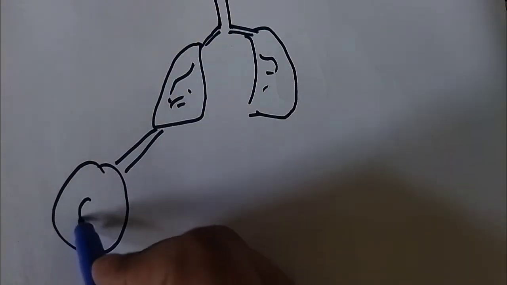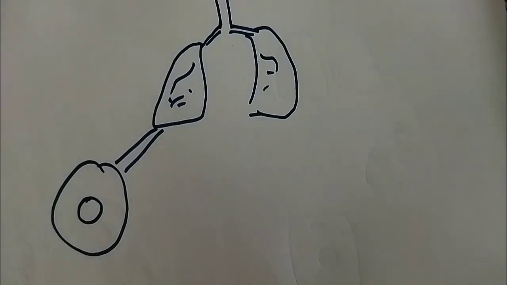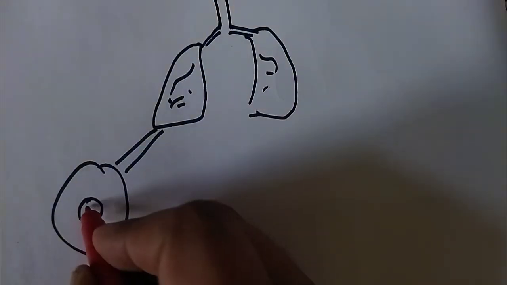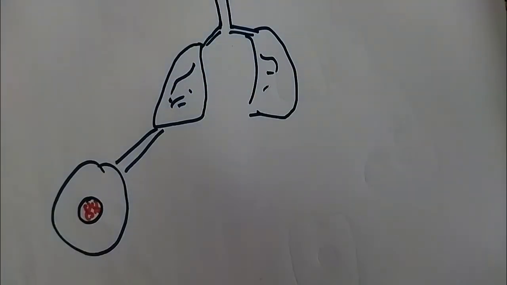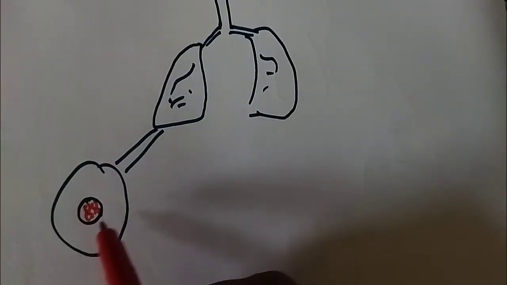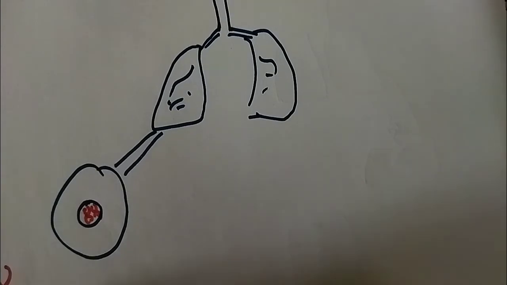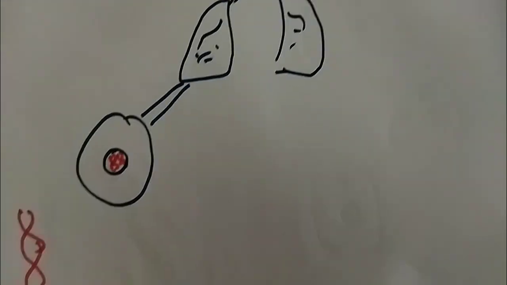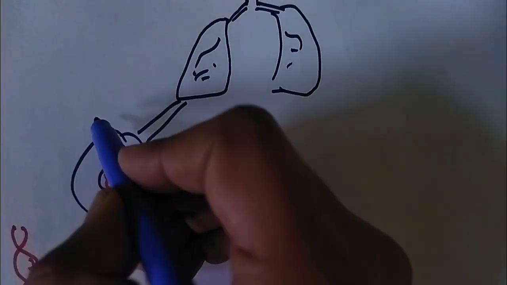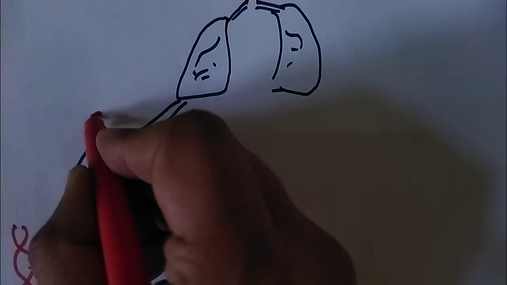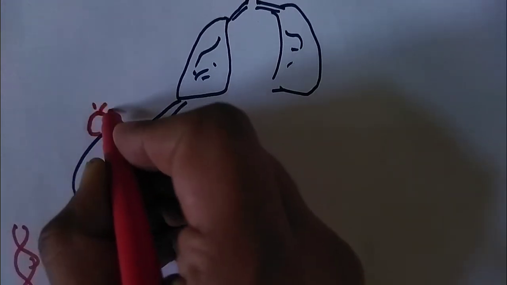cell, this is the nucleus of animals, or since I'm talking about corona, I'll say the human nucleus, which is containing double-stranded DNA like this. So when the virus enters, it leaves out its envelope and protein coat.